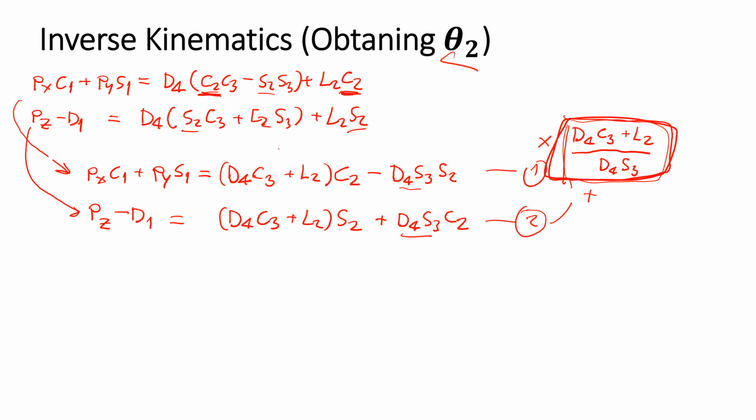First, we have D4C3 plus L2 divided by D4S3 and multiply by PXC1 plus PYS1. Although this is a long thing, everything here we know.